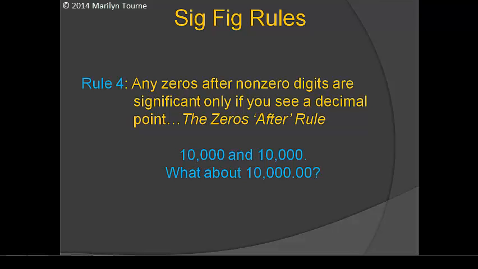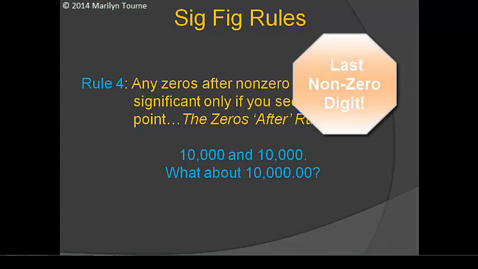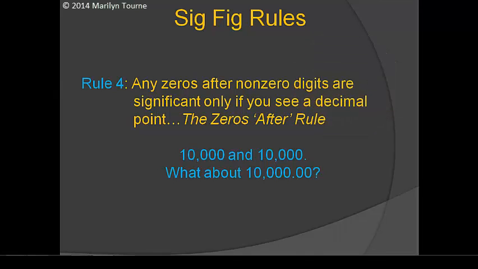Okay? The second example, 10,000 with a decimal, all right, that has how many significant digits? That has 1, 2, 3, 4, 5. Those zeros are significant because we see a decimal point. So the trick here is if you see a number with a bunch of zeros after that last non-zero digit, those zeros will be significant only if you see a decimal point.